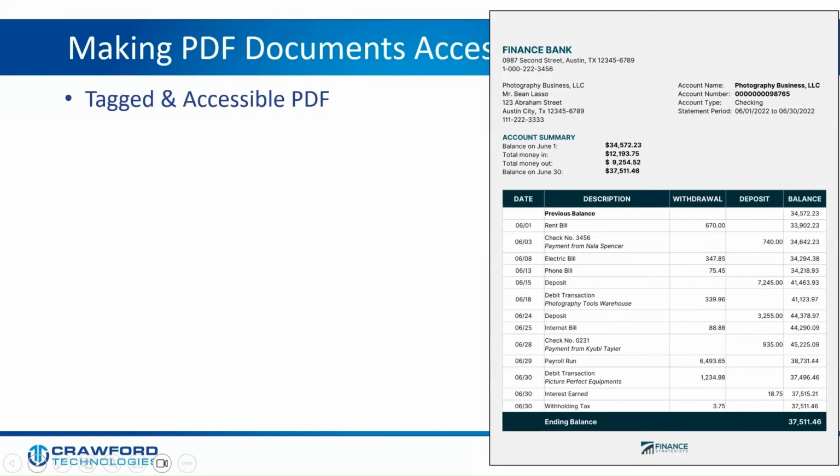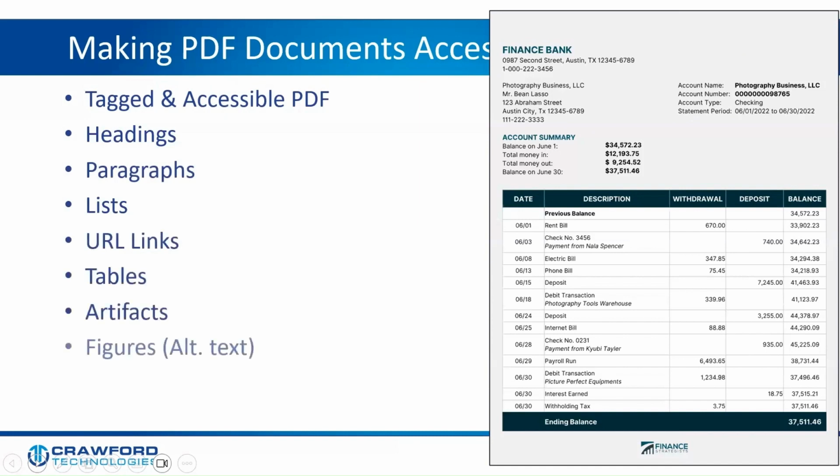So let's take a look at PDFs. There are lots of things that need to be added to a PDF in order to make it accessible. I've just listed a few here, but anybody familiar with the accessibility world and who understands the nature of accessible PDF knows that there are certain things that you need to be able to tag within that PDF.